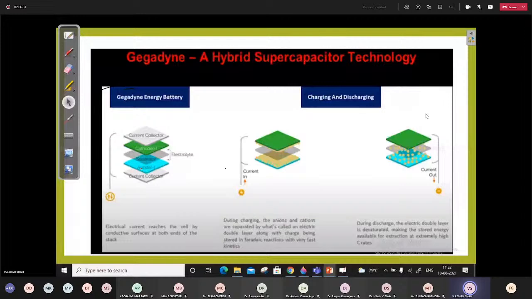Basically, it is used for testing a newly built vehicle. And this is UDDC, the urban dynamometer driving cycle, which is used to test vehicles. Of course, I think this is USA based. This is for the European countries.